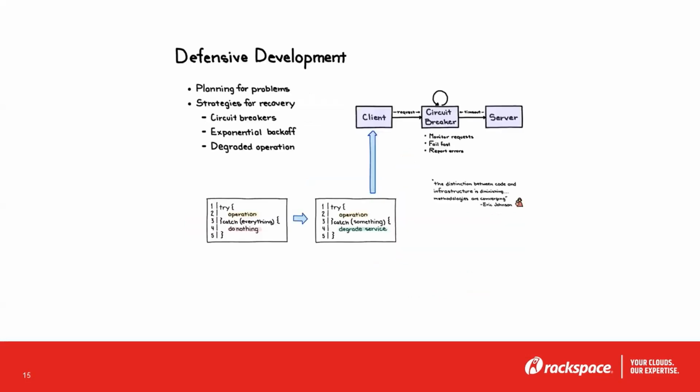The third thing I'd like to talk about is a little more detail around defensive development and how we can code defensively in our applications to handle some of those failure points.